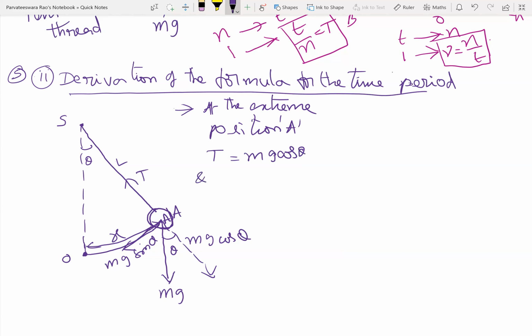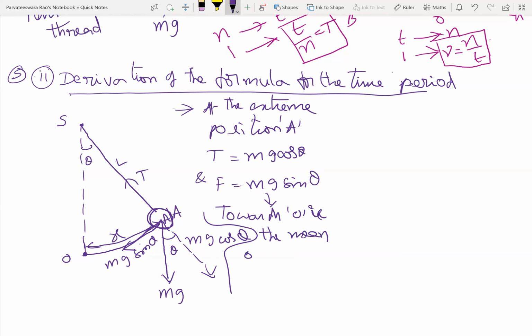And this horizontal component of weight is towards O, that is, towards the mean or equilibrium position.